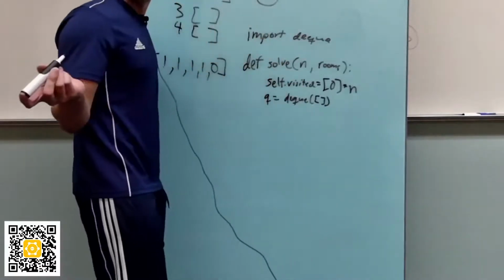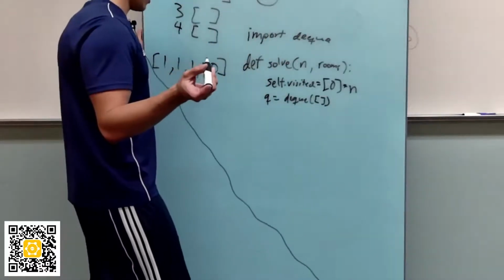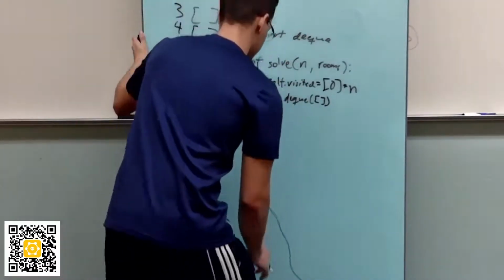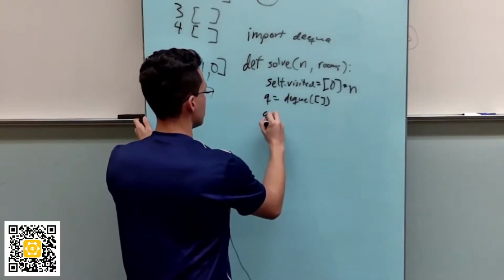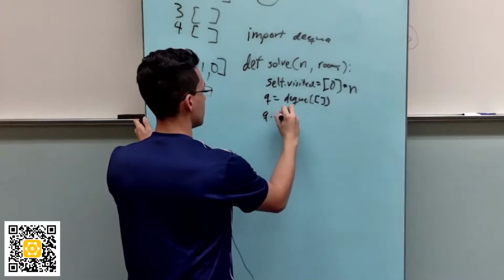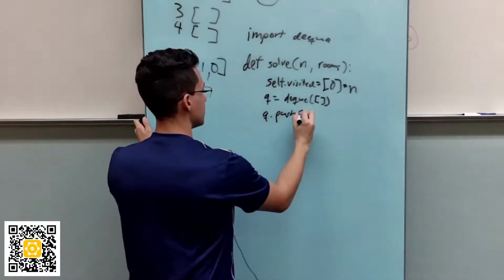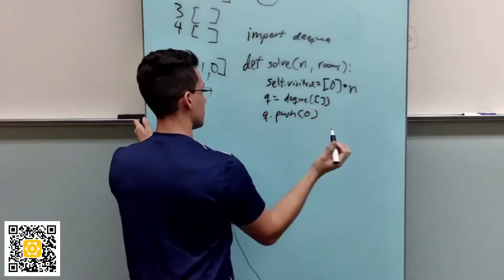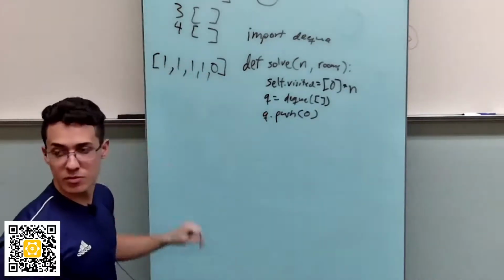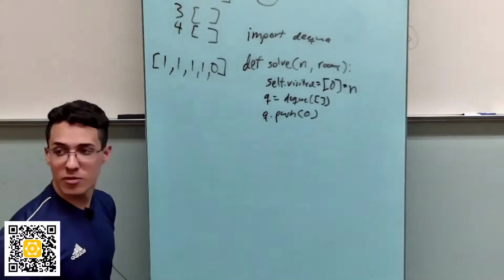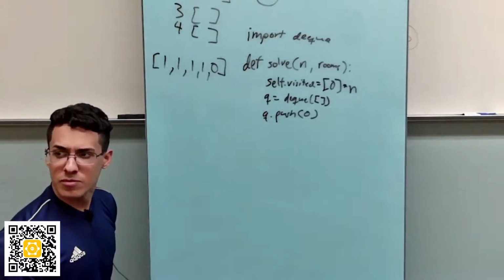Okay, so we start at 0, right? And we put q dot push 0. All right? So we're pushing it to the queue. What do we do next? Is it NQ?